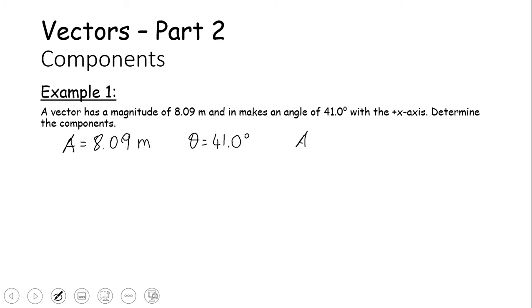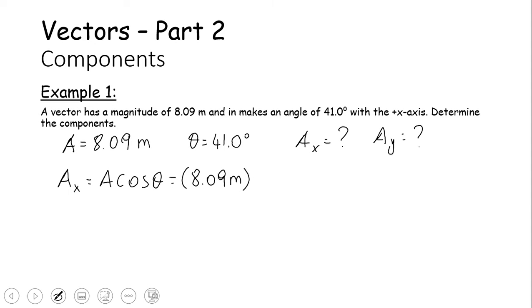We want to determine what Ax and Ay are. In order to do this, we only need to apply the two expressions that we just derived. Ax is equal to A cosine of theta, which is 8.09 meters, times the cosine of 41.